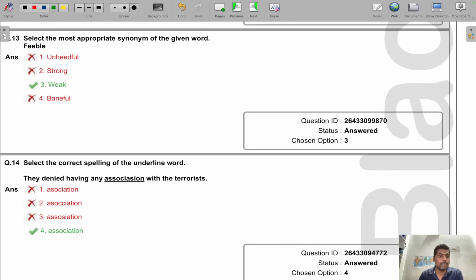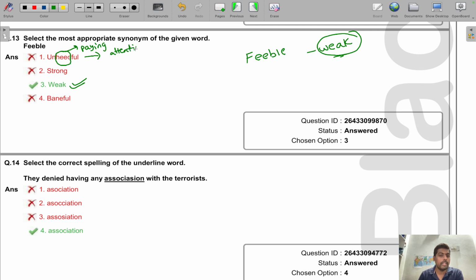They are asking what is the most appropriate synonym, guys. This is a very important word, feeble. Feeble means weak, you can say. You can say that the old lady is a feeble person. Feeble means actually weak. So they are asking for a synonym, so this is the synonym, guys. Let us see the other options. Unheedful, guys. Heed means actually paying attention.